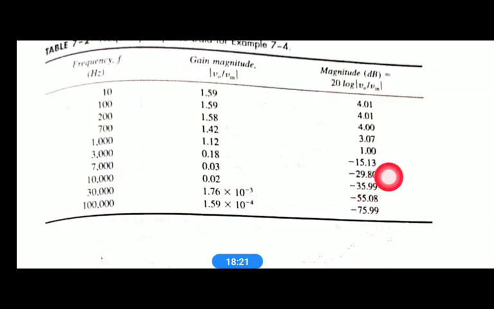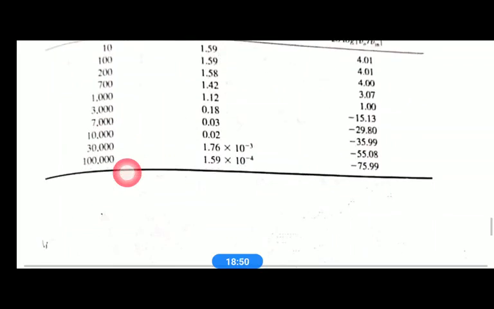The decrease in gain is from minus 15 dB to minus 29 dB, a minus 14 dB decrease, since it is not exactly doubled, a little more than that. Approximately minus 12 dB for a doubling of the frequency. You calculate for 6,000 here, and you will see approximately 12 dB decrease in gain.